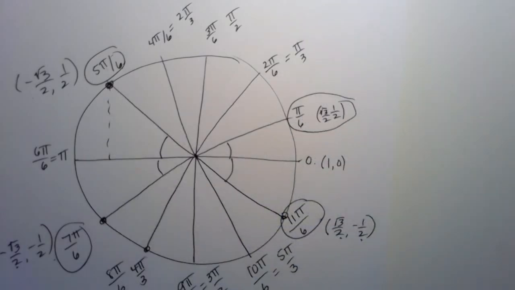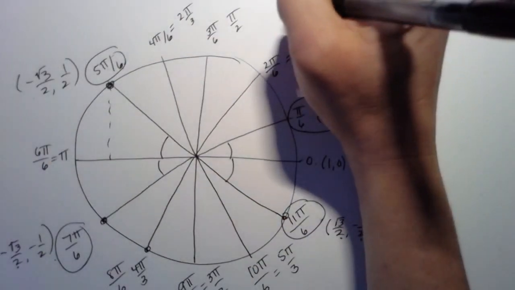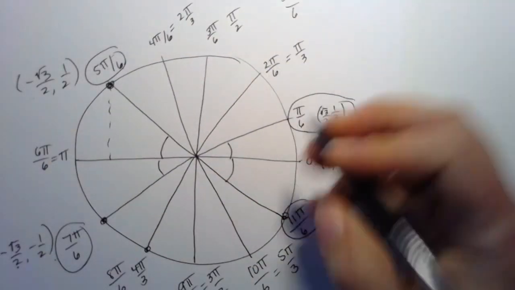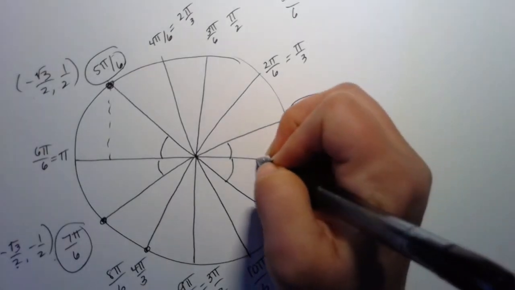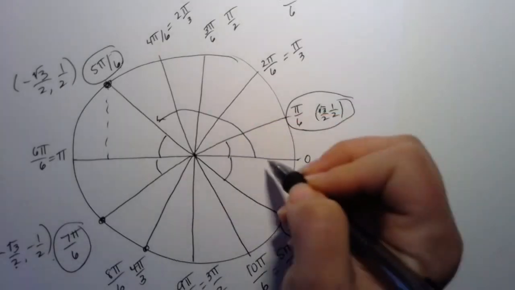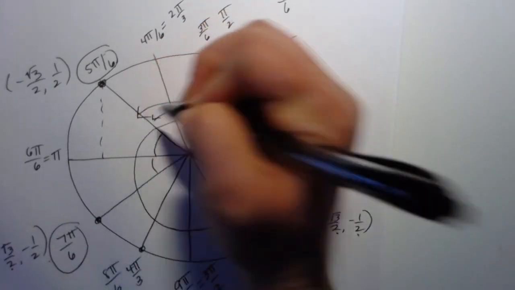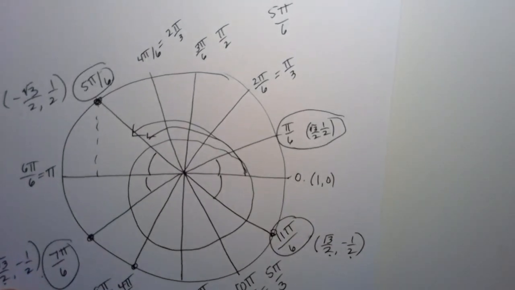So now also, if I went back around, like if I added to 5 pi over 6 my full angle, 5 pi over 6 would be here, right, that angle. But if I went a full way around and landed here, these would be coterminal. We talked about that before.